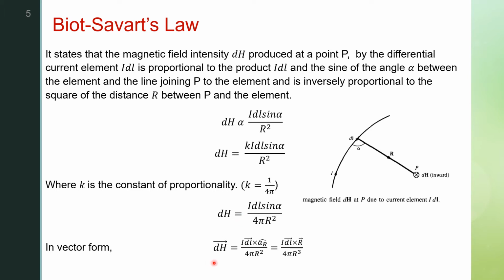That is, vector dH is equal to I dL cross aR divided by 4 pi r square, where this represents a cross product and aR represents a unit vector. Substituting for the unit vector, where aR is equal to vector R divided by the magnitude of vector R, we get I dL cross R divided by 4 pi r cube, where dH represents the magnetic field intensity at point P.